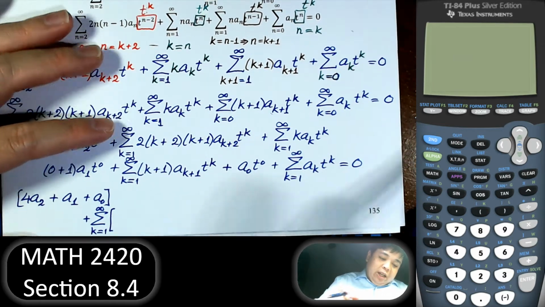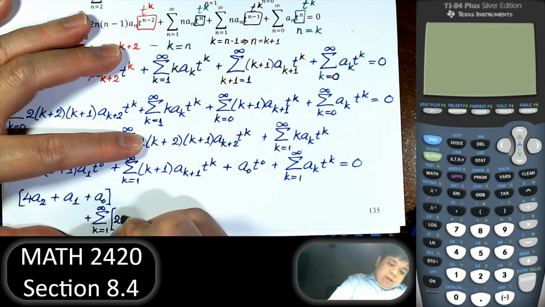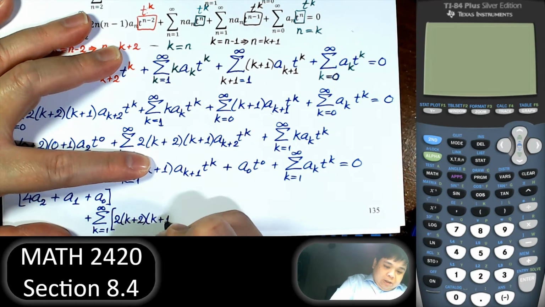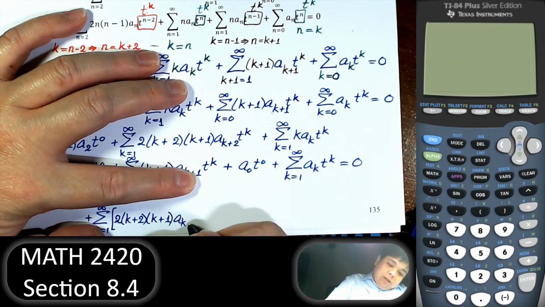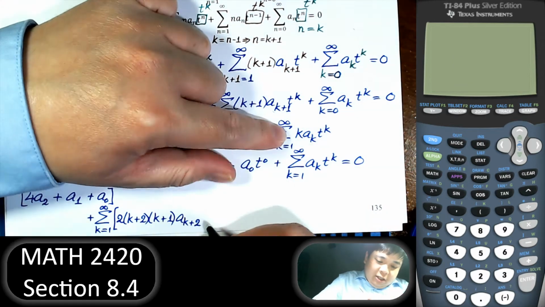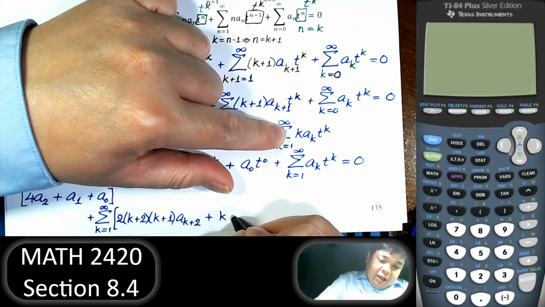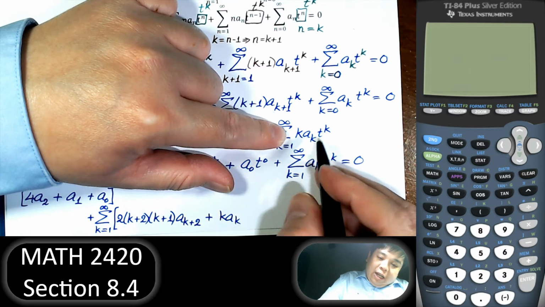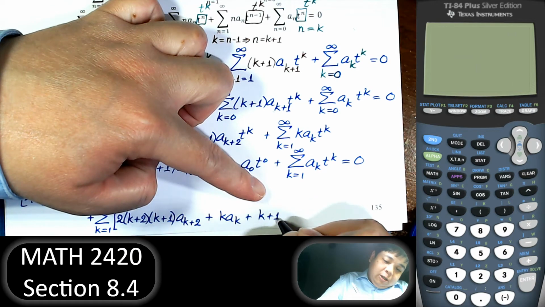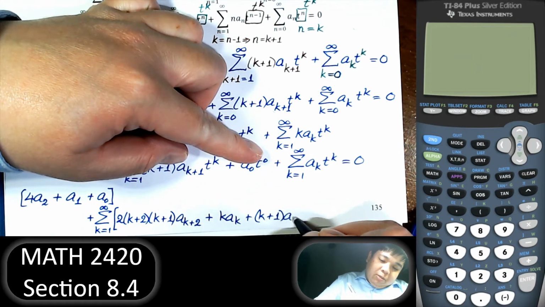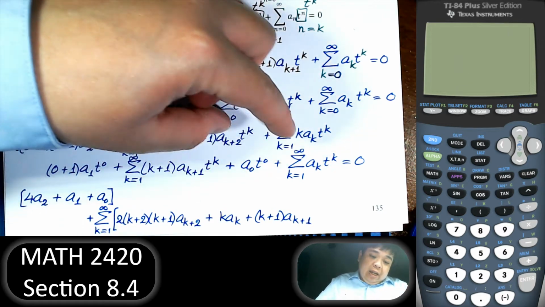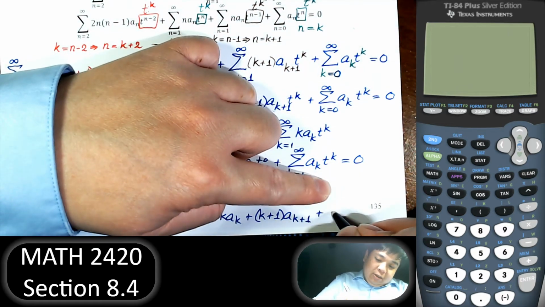Factor out t to the k, so we have 2(k plus 2)(k plus 1) a sub k plus 2, right, plus k a sub k, and factor t to the k, so that's all we have, and then plus (k plus 1) a sub k plus 1, factor out t to the k, and then plus a sub k.